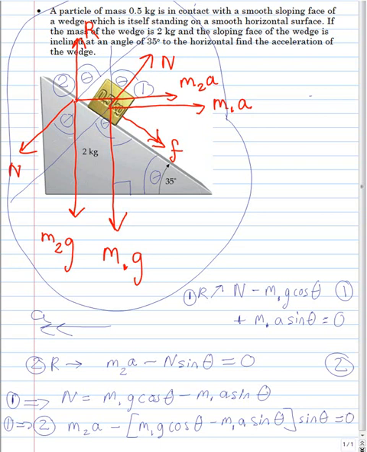So you can see that what I've done is, here is my N, here is my N, and there is my N, and I've used this N to go into here. That's all I've done.